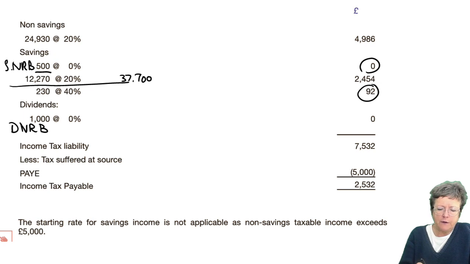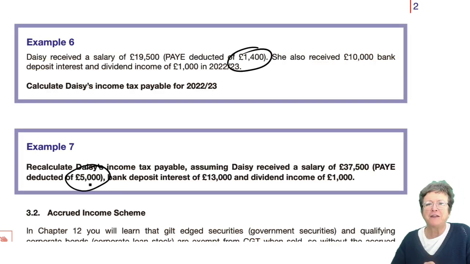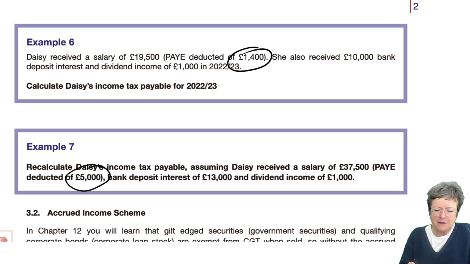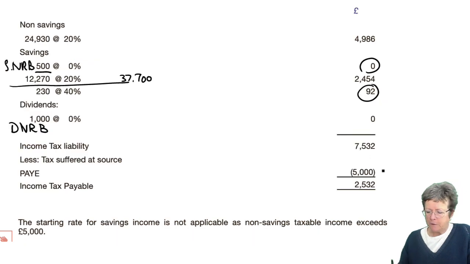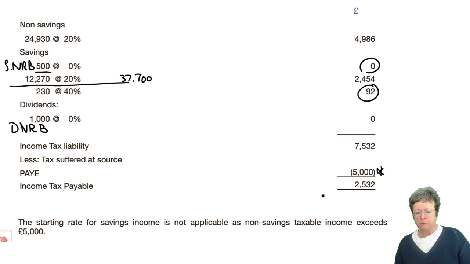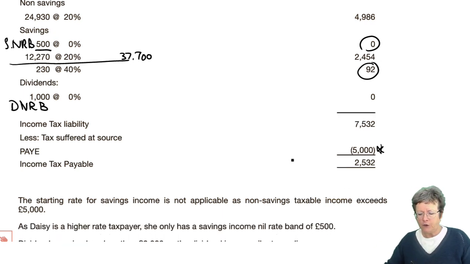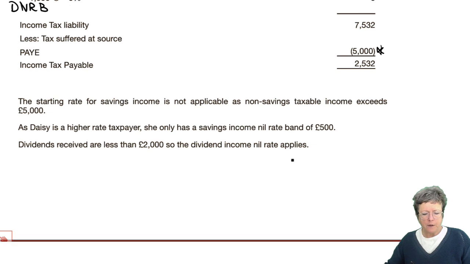Tax suffered at source. We'll get this right this time. You ready? £5,000. Okay, that's deducted at source. It goes in there, giving her a liability that's now payable of £2,532. And a few notes.